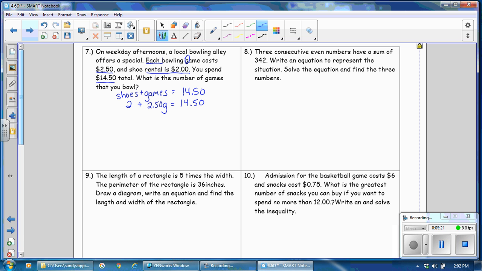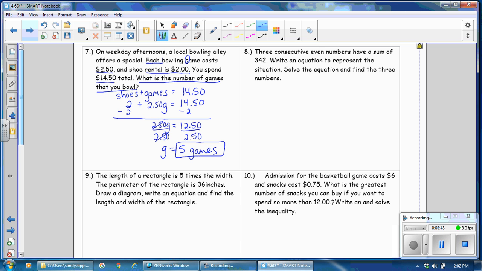Just go ahead and subtract 2 from both sides of the equation. Bring down the 2.50G. So we spent $12.50 on games. Divide by the coefficient. And the number of games that were played is 5. So what is the number of games that you bowl? 5 games.